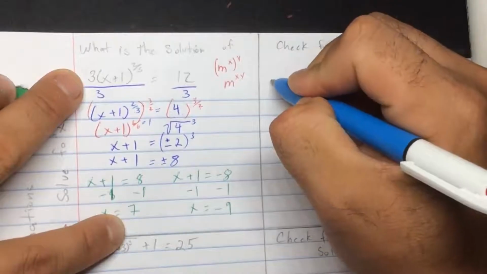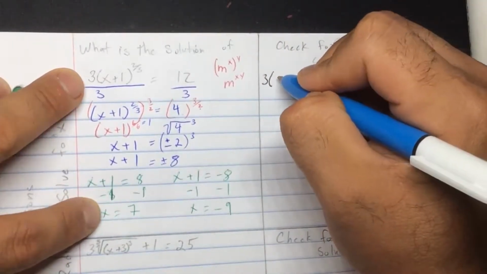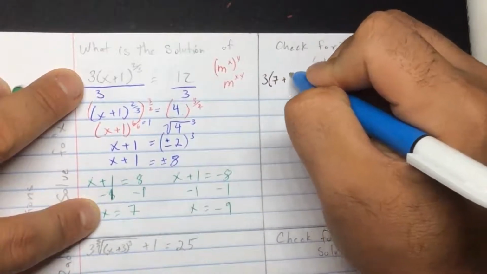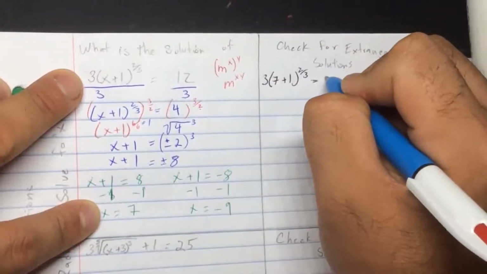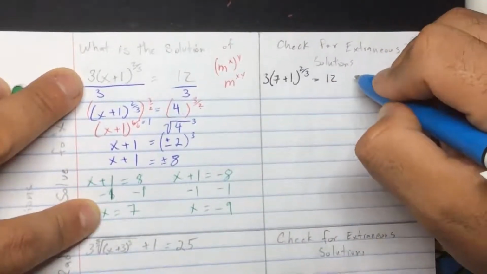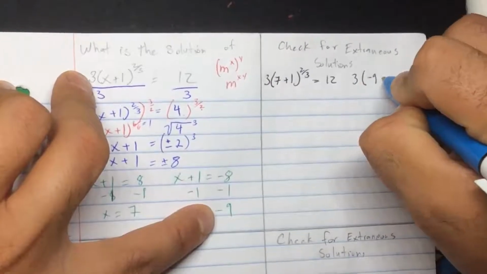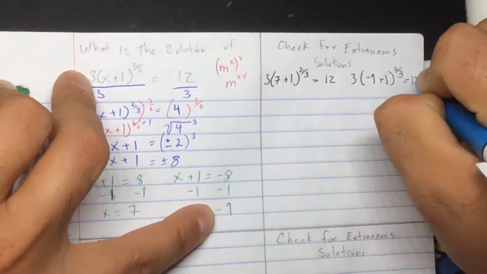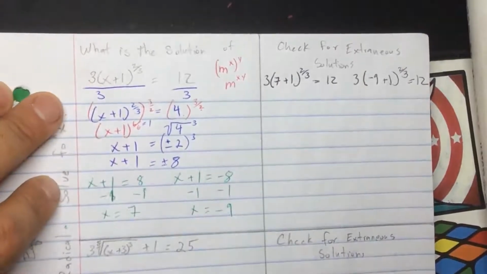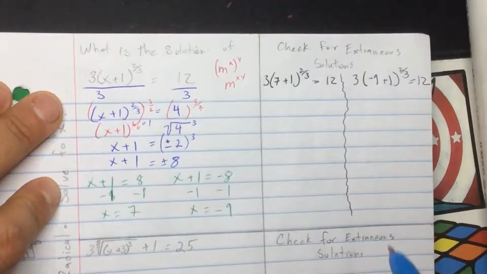So we're going to do 3 times (7 plus 1) to the 2/3 power equal to 12, and then also 3 times (negative 9 plus 1) to the 2/3 power equal to 12. These are both we have to check.